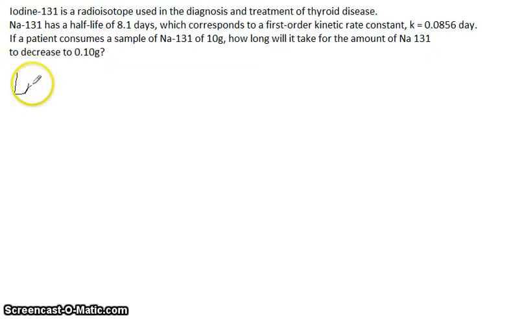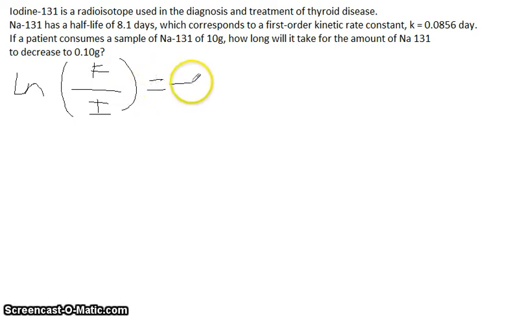The natural log of the final concentration over the initial concentration is equal to the negative kinetic rate constant times the amount of time that has passed by. We can use this to solve a variety of problems, such as the one above.